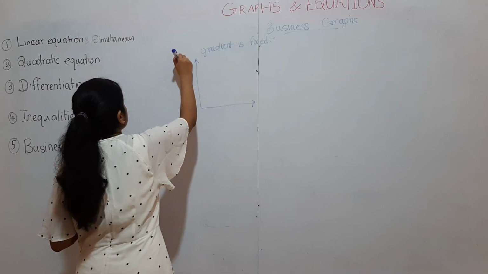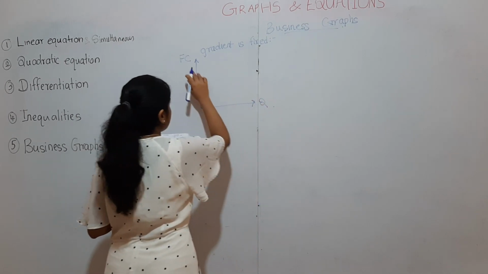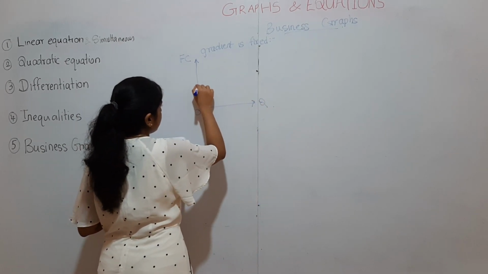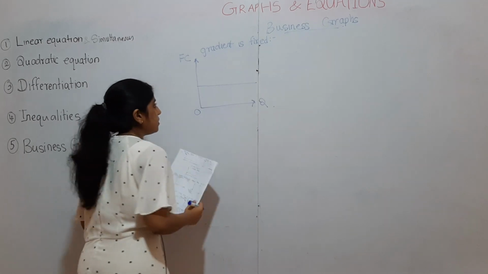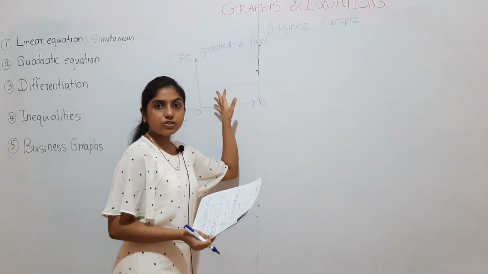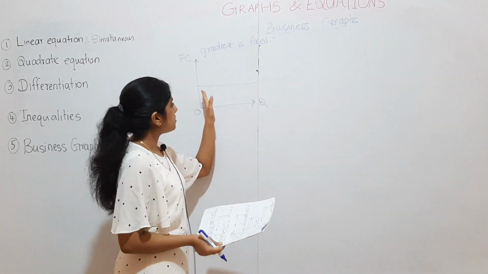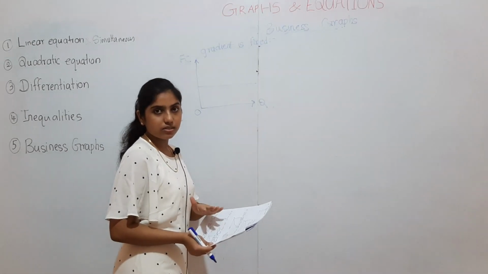So the fixed cost curve, if this is the quantity and this is the fixed cost, definitely it will be like this, because no matter what the quantity is, the fixed cost will remain the same. That's why it's a fixed horizontal line.